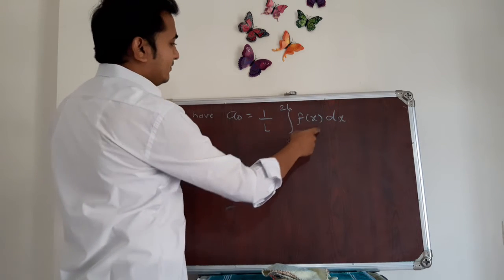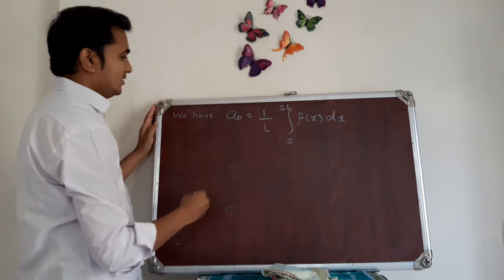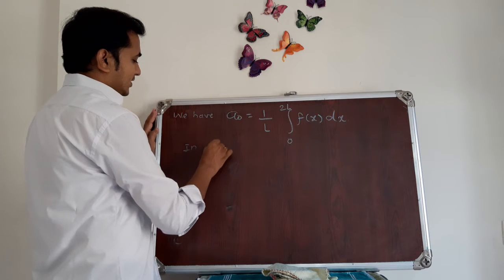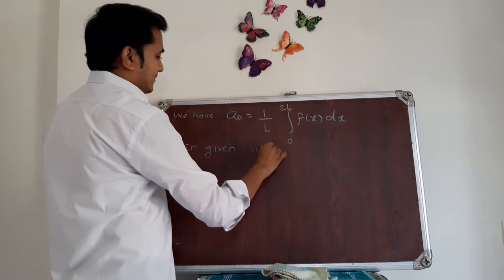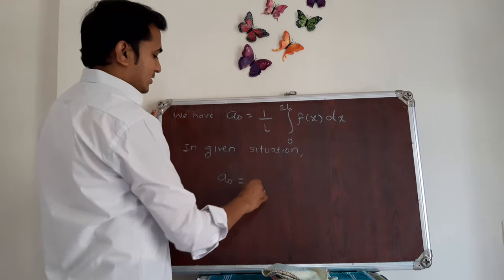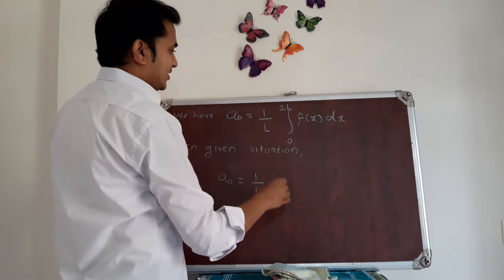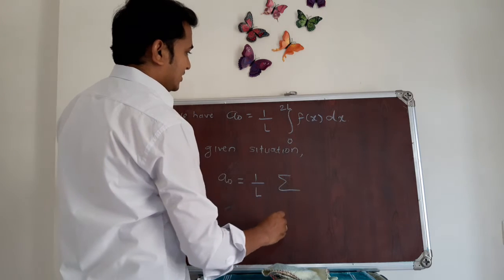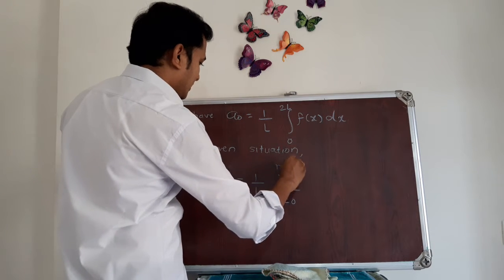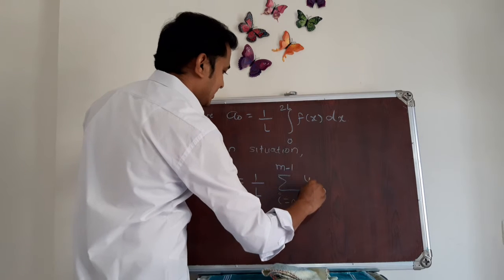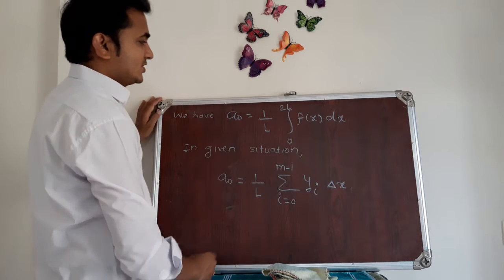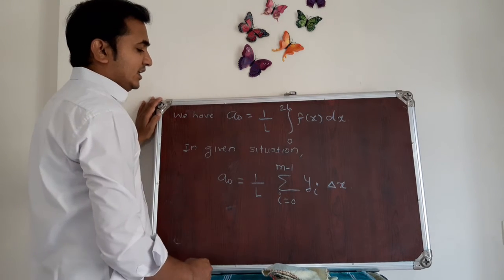When f of x is given, we have this definition, but in the given situation, the equivalent definition for a naught is 1 by L, with the integration replaced by summation, i running from 0 to m minus 1, f of xi, or yi, times delta x. Writing this integration in terms of summation.